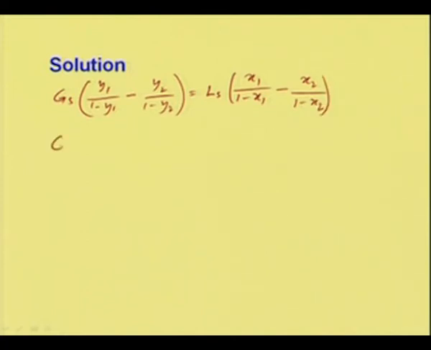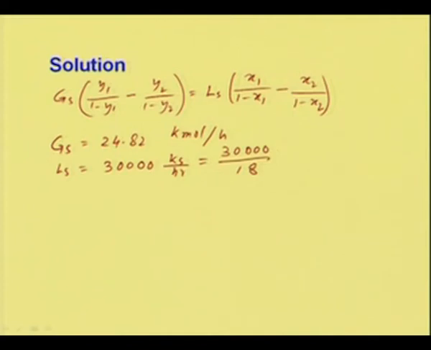We know Gs is equal to 24.82 kmol per hour, and Ls is equal to 30,000 kg per hour, which is 30,000 divided by 18 kmol per hour, which is equal to 1666.67 kmol per hour.